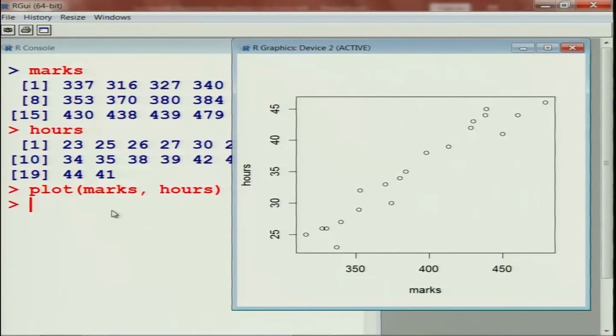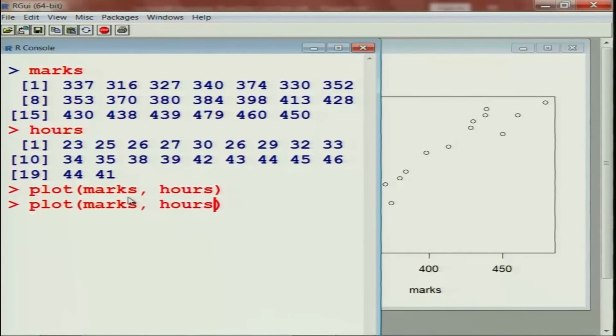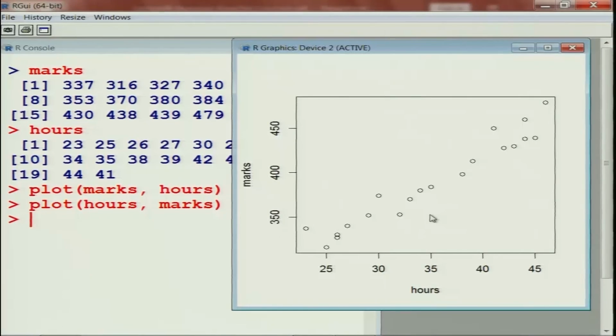That means ideally there is a straight-line trend. And if you change the x and y axes, which makes better sense also, since the number of marks depends on the number of hours, even then the trend remains the same, only the values shift. That does not make any difference.